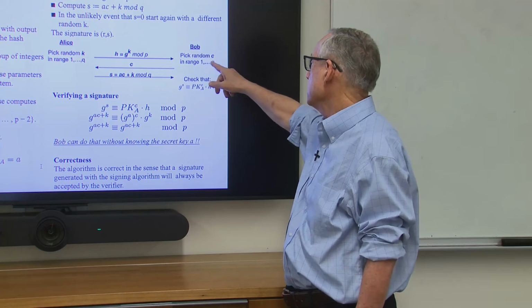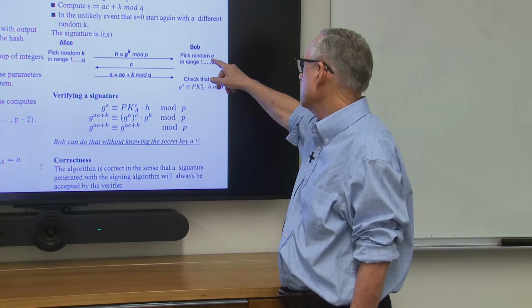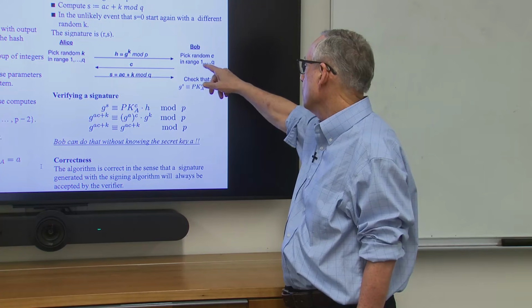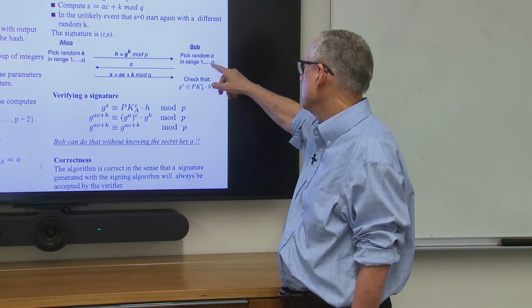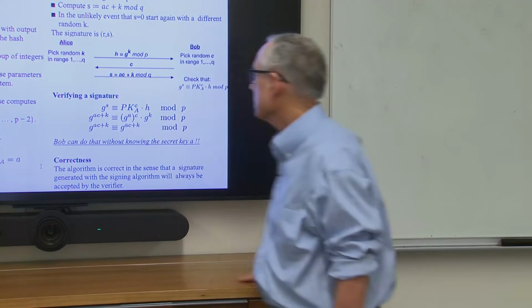Now Bob gets this thing, and Bob picks something else, a C, a constant, from the set of integers 1 through Q, and Bob sends that back to Alice.